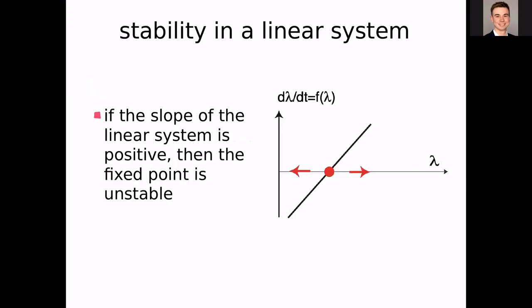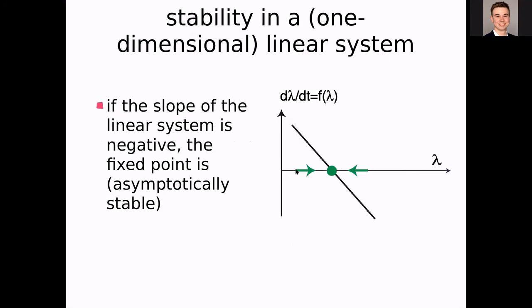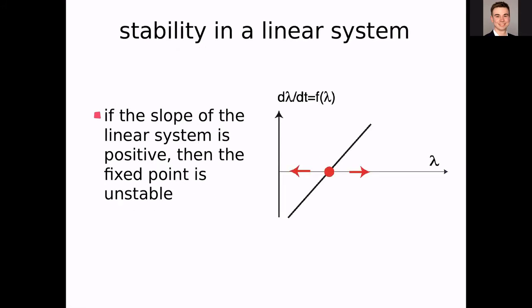And we already encountered the word attractor. So we would call this fixed point an attractor because it attracts all nearby solutions. And this is what we would call a repeller, an unstable fixed point, because if you're close to it, you would be repelled from it, except when you're sitting perfectly inside the fixed point.